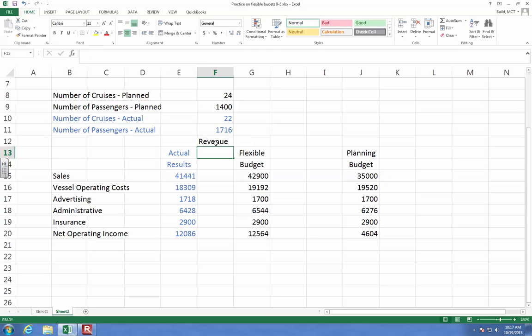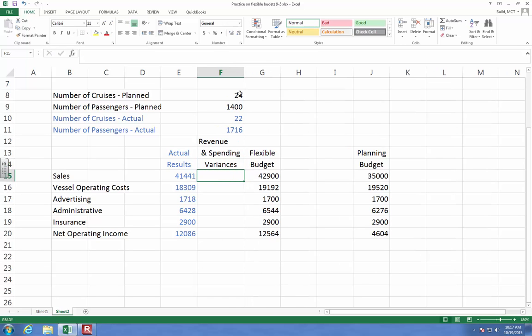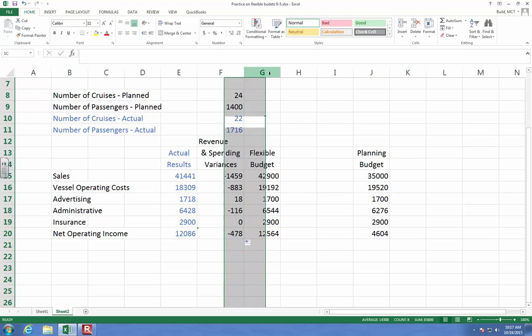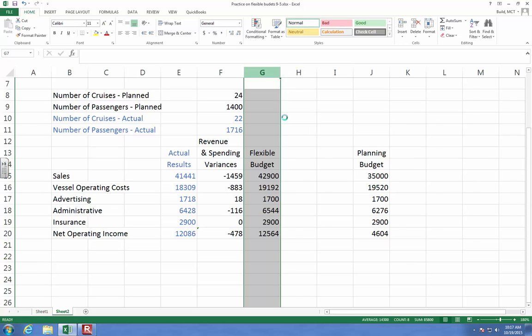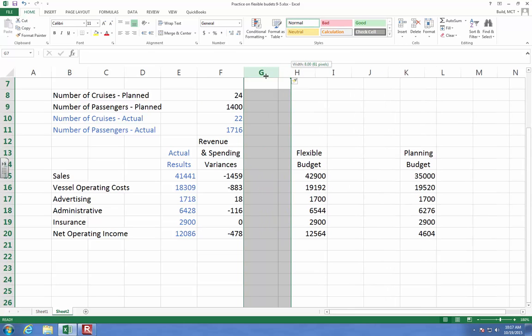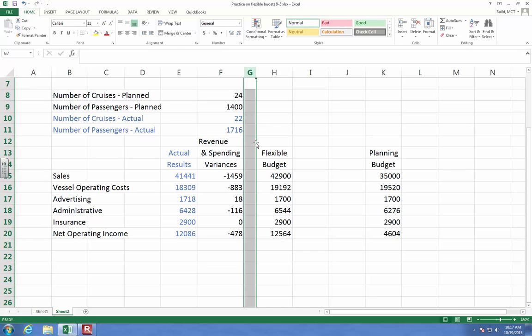Very good. And my formula is just going to be the difference between the two. And then I'm going to add a little column in here. How come? Yeah, for my U or my F.